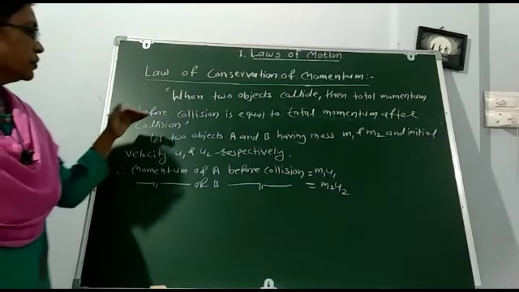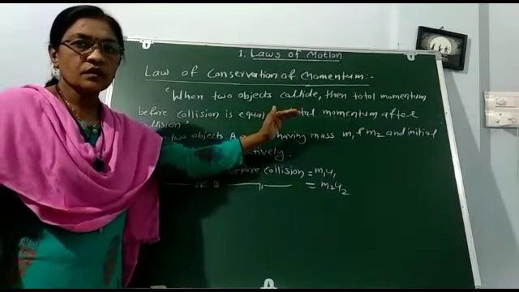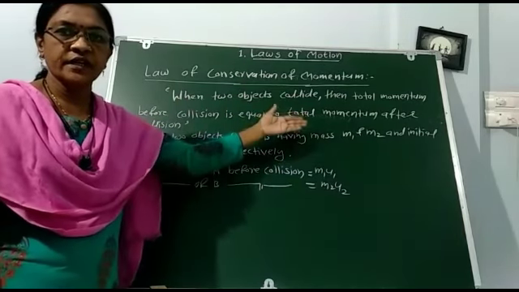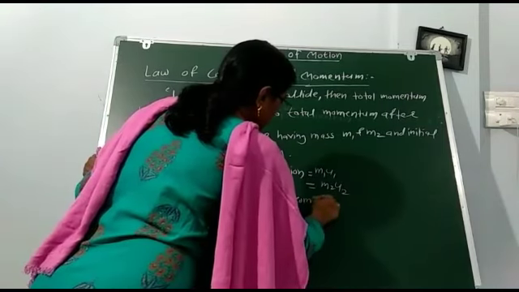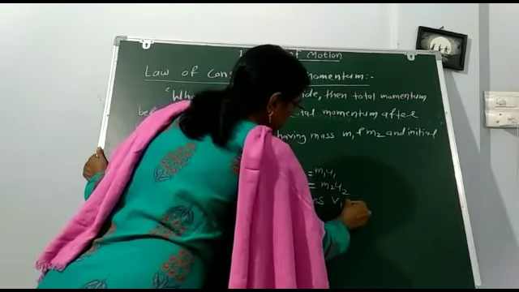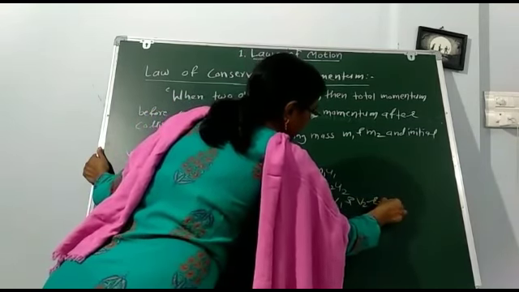Now, when the two objects collide, their velocities change, and after collision their velocities become v1 and v2 respectively.